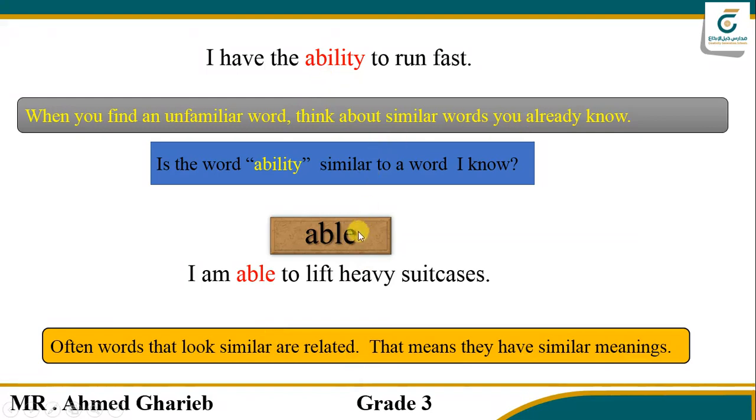Be careful, they have the same meaning, but this one is an adjective and this one is a noun. The pronunciation is a little bit different. Able and ability. Okay? Be careful of the form and the pronunciation, the sound.